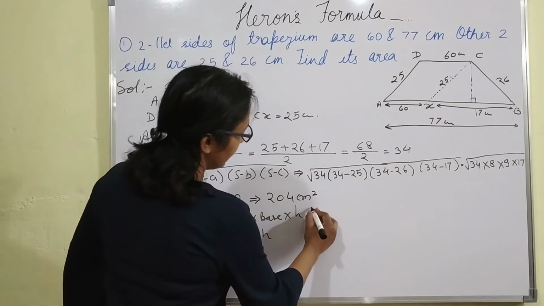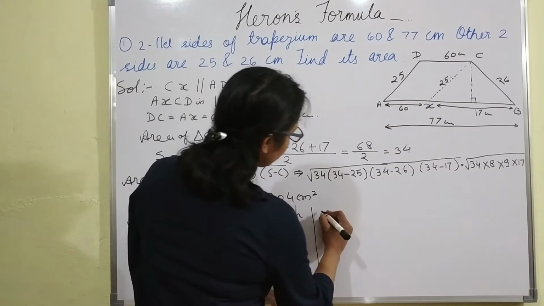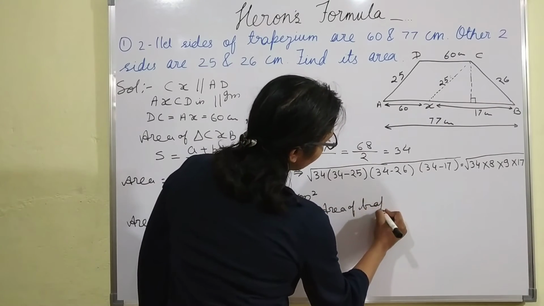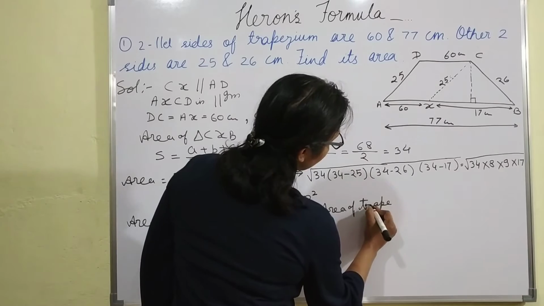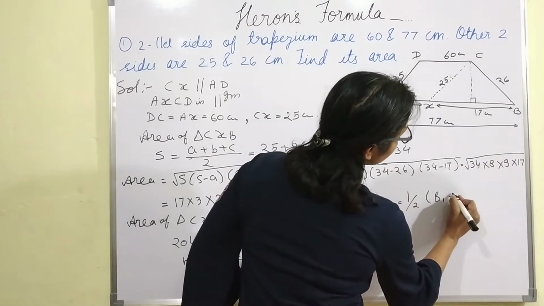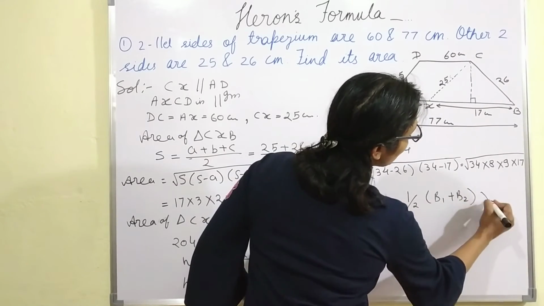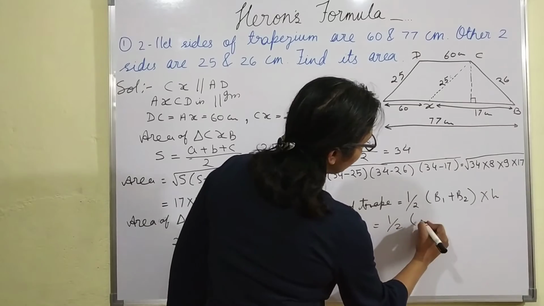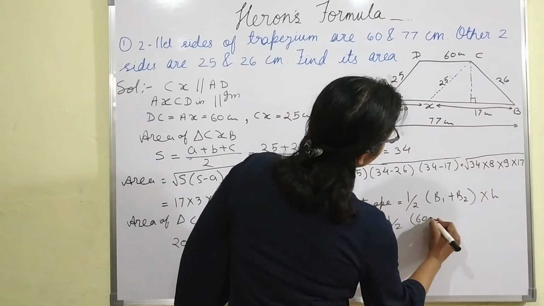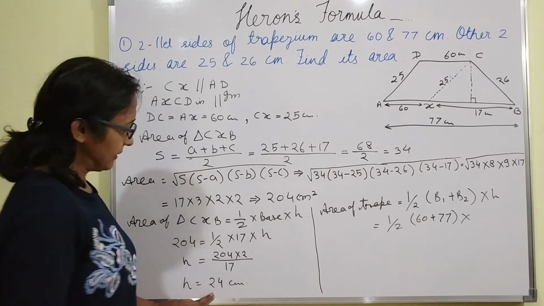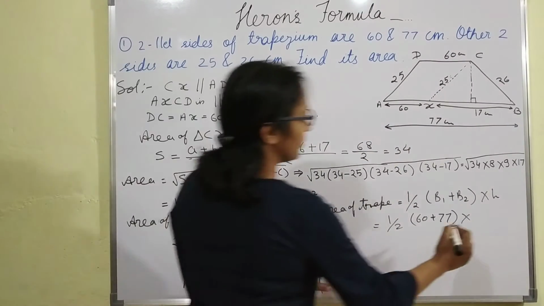Now area of trapezium equals half B1 plus B2 into height. So half, B1 60 plus 77, into height, here 24.